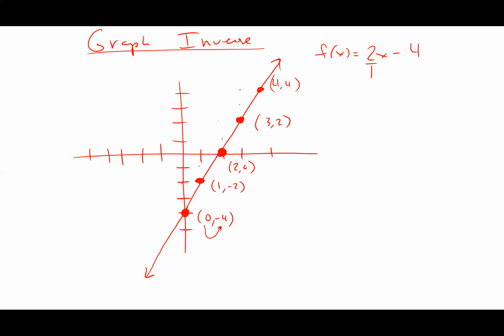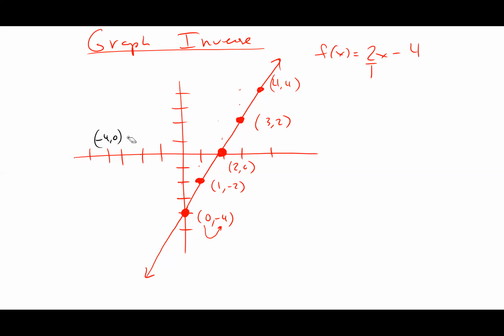So can you guys plot all those points just going the other way? And we're running out of time. So how about negative 4, 0? Let me put this a different color here. So I have myself negative 4, 0. I have myself a negative 2.